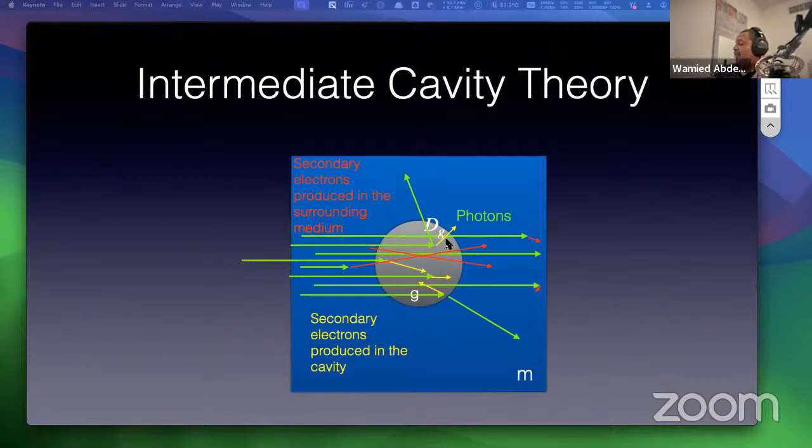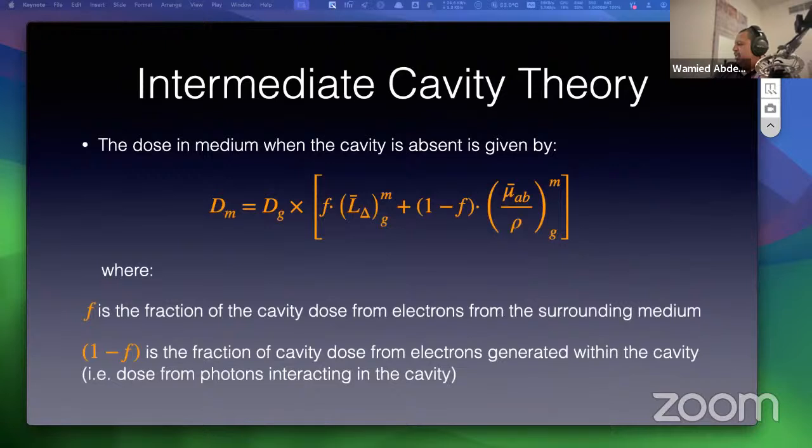And for these yellow electrons, we can apply the large cavity theory. So the only issue is we need to know the weights of the dose from the red electrons and the dose from the yellow electrons. If this fraction is F, then we can get the dose in the medium as a combination of these two cavity theories.